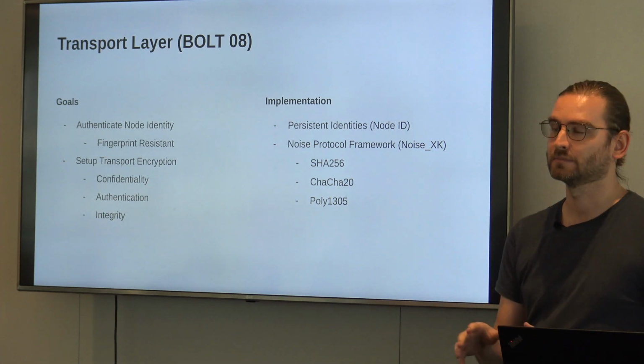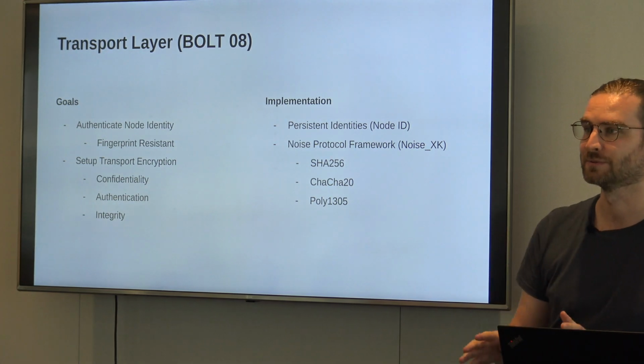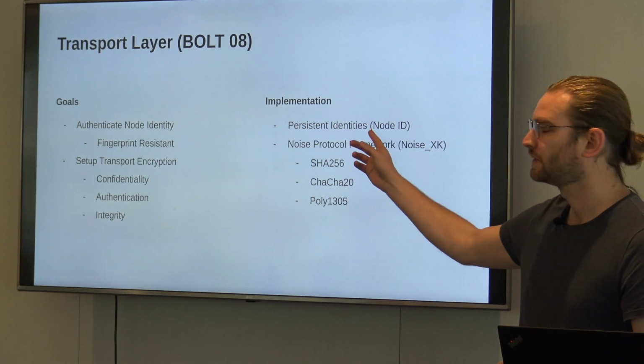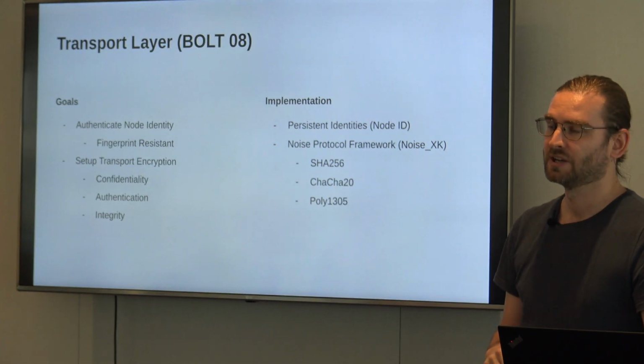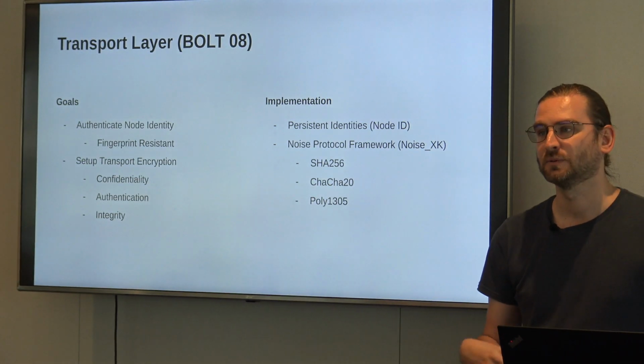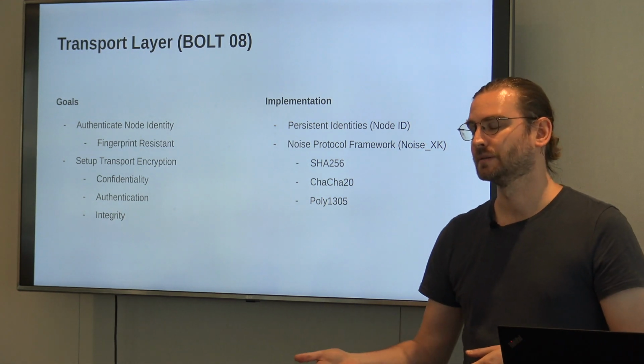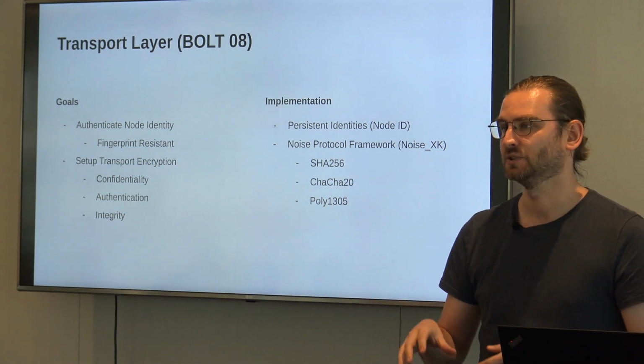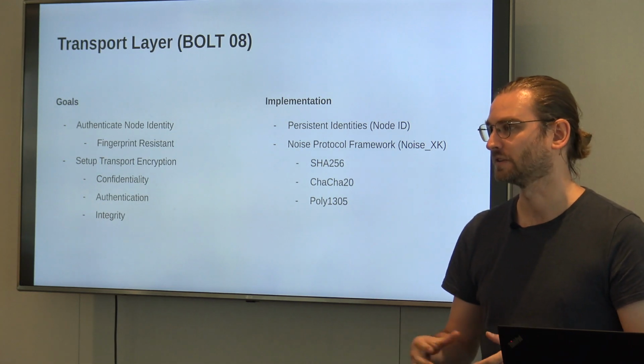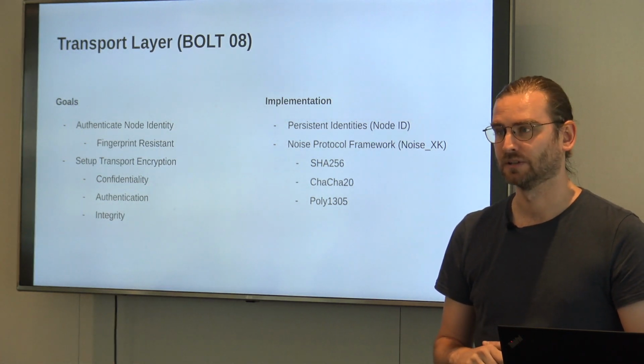One thing that is really important, and I'm sure you're all aware of this, is that your node IDs are actually persistent. Whenever you start up, you generate some secret, and from that secret you generate the public key. That is going to be your node's identity for the remainder of the lifetime of that node.